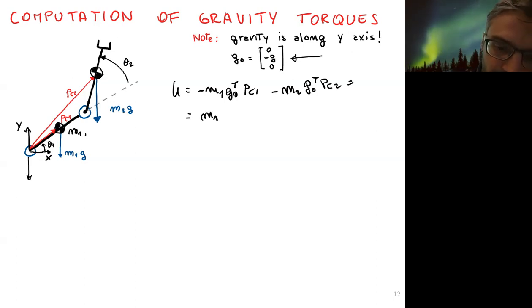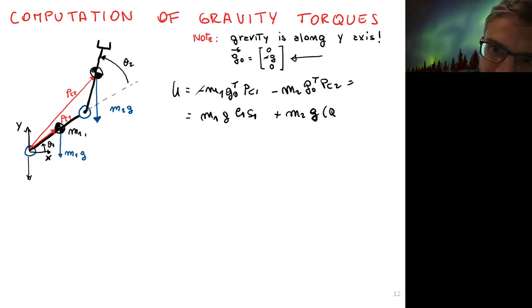If you remember, the y component of PC1 was L1 S1, while the minus sign goes away because of the G. This is a vector. The y component of PC2, because we are projecting the gravity vector that lies on the y component, is A1 S1 plus L2 S12.